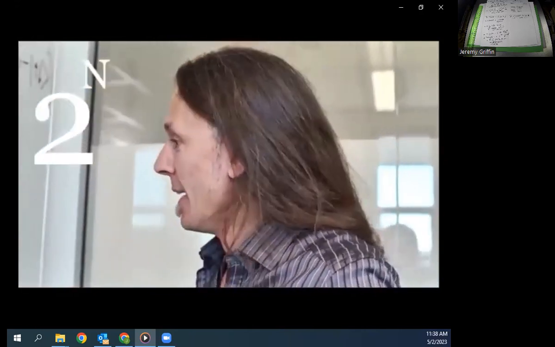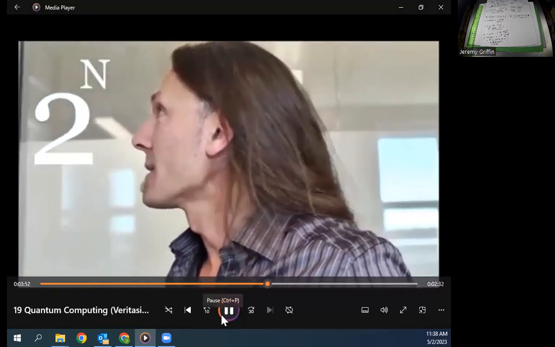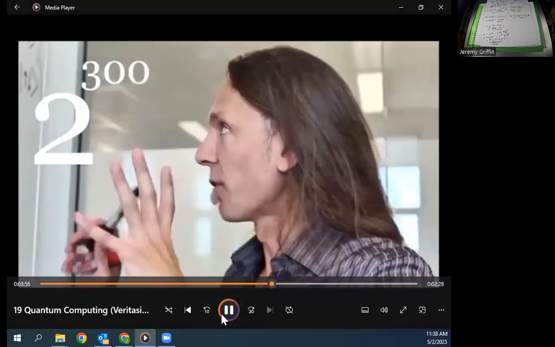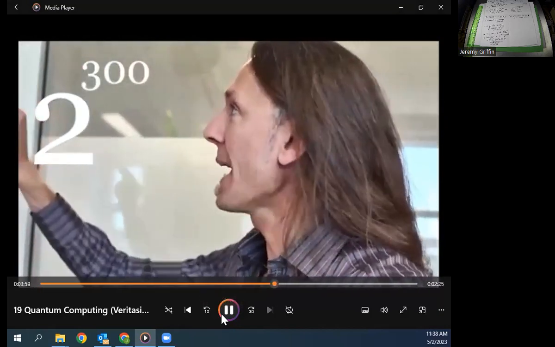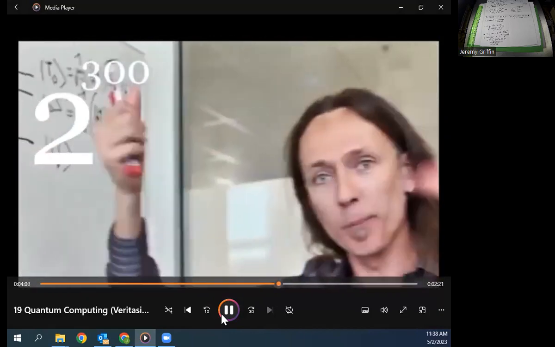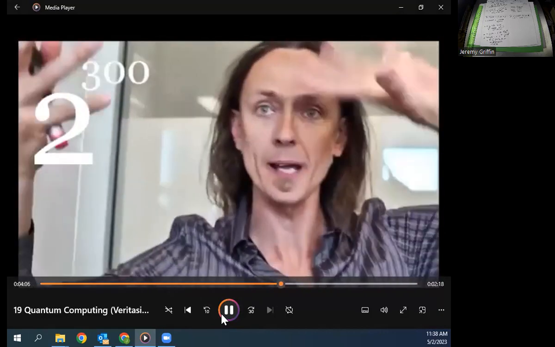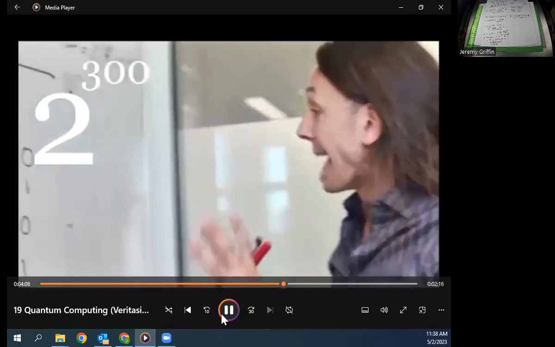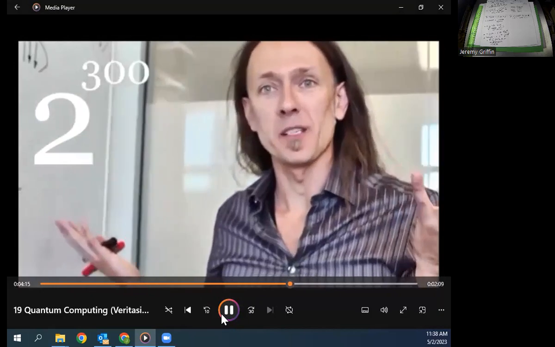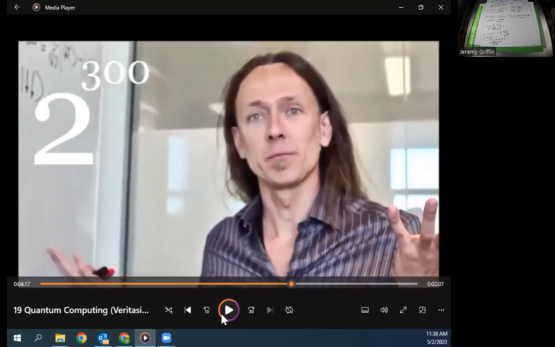And of course, the power of exponentials tells you that once you have, let's say, 300 of those qubits in what we call the fully entangled state, so you must be able to create these really crazy states where there is a superposition of all 300 being one way and another way and another way and so on, then you have like 2 to the 300 classical bits, which is as many particles as there are in the universe.